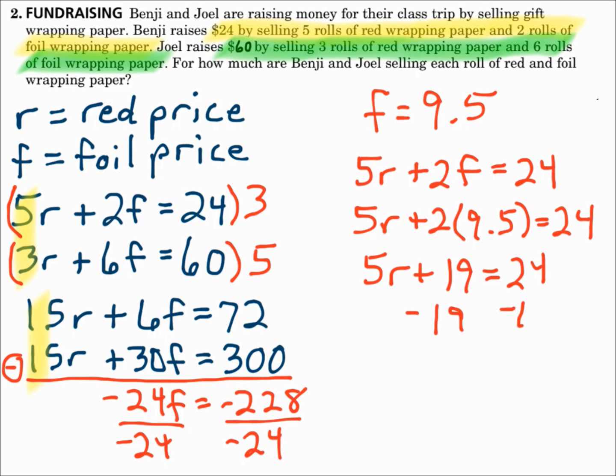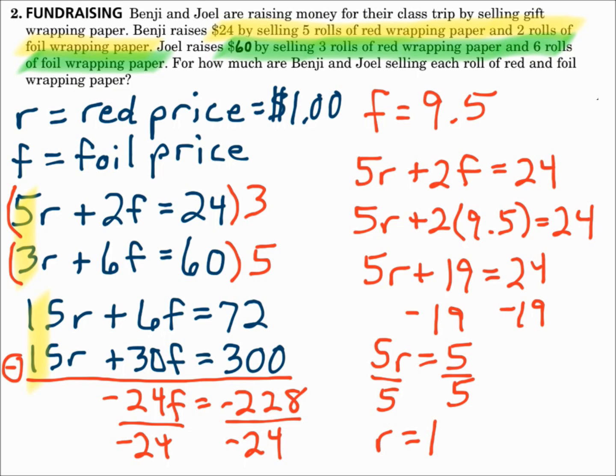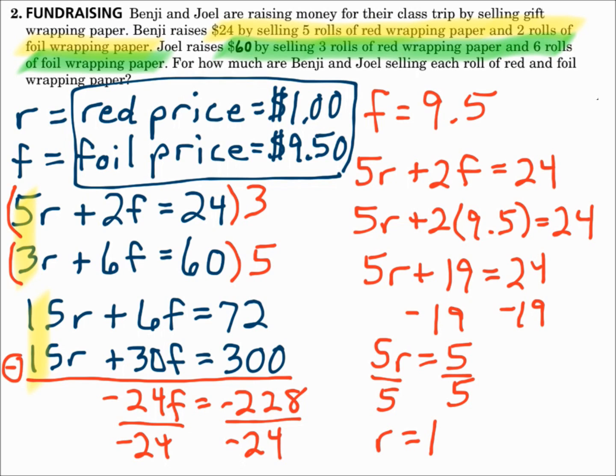Subtract 19 from each side, and divide both sides by 5. R is 1. So a red roll costs $1. So for our final answer, the red price is $1 and the foil price is $9.50.